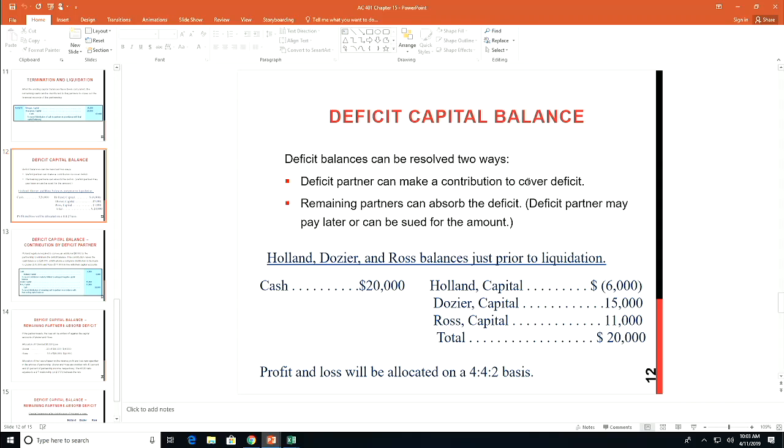Ratio was 40, 40, 20. But now, Holland is gone. These two solvent partners need to cover this negative amount. So this negative amount means this $6,000 negative within brackets. So we need to redefine their ratio.